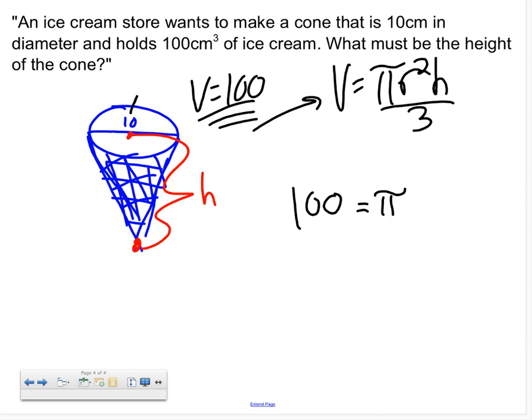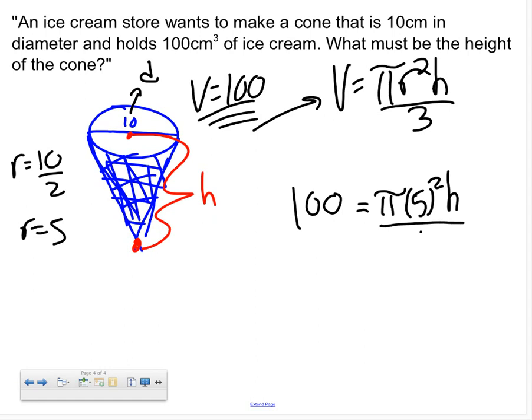I know that 10 is not my radius, 10 is my diameter. So I want a radius, which means I'm going to have to cut 10 in half. So my R would be 10 divided by 2, which is just going to make it 5. So it'd be 5 squared here, times h divided by 3. Again, I don't know what h is, so I'm going to leave it as h.